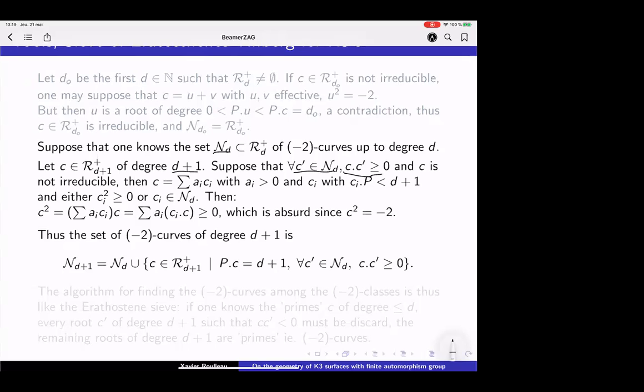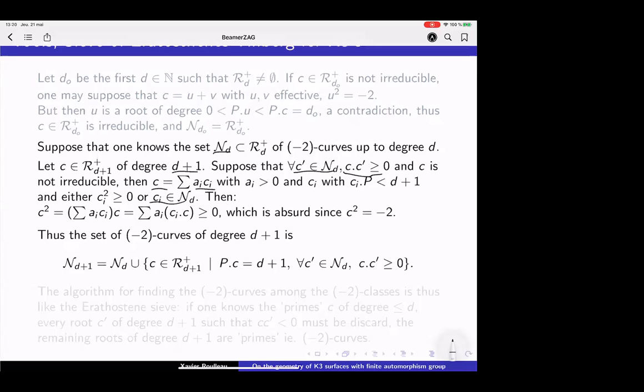Then you have that your C splits as a sum with components Ci, effective of degree less than d+1, and the Ci are either classes with a positive square, or classes of -2 curves of degree less or equal than d.